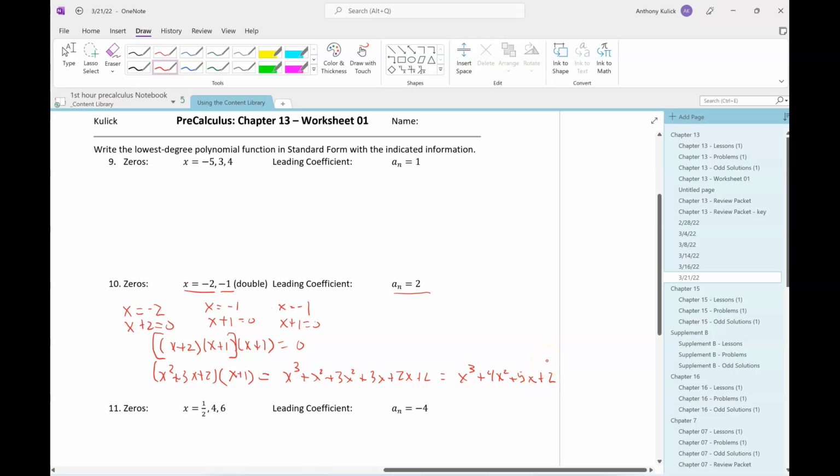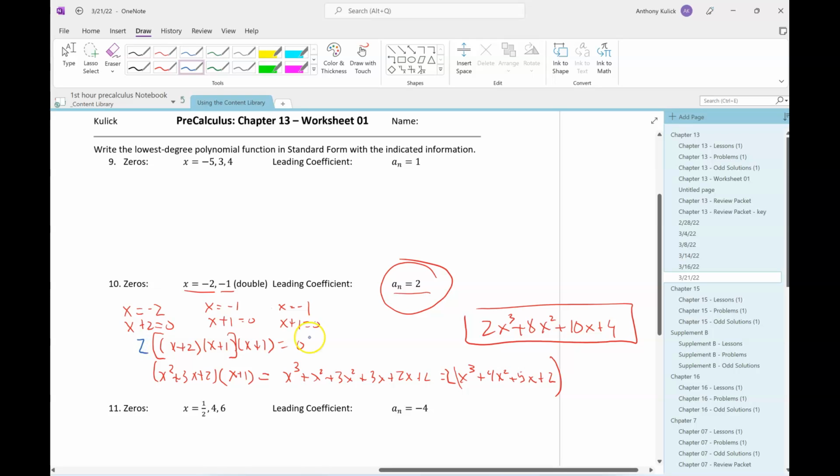So far, so good. The one thing we haven't dealt with is that the leading coefficient should be 2. So I'm just going to multiply the whole thing through by 2, and that will take care of that. If I multiply by 2 on both sides, it's still equal to 0, so all the zeros are still in the right place.